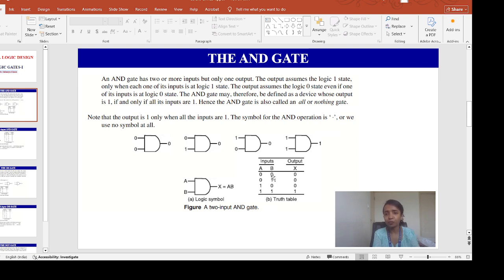If one of the inputs is 0, then the output will be 0.